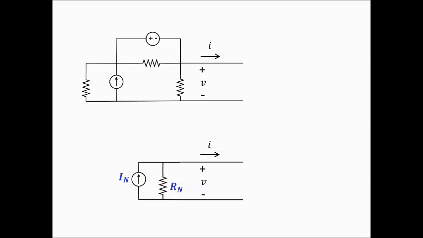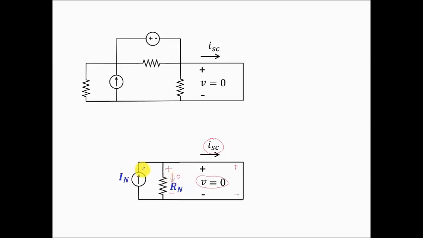I can also look at what happens if I attach a short circuit over there. So I make it a short circuit. In that case, I'll have a short circuit current here. Now, a property of a short circuit is that there is no voltage drop here, right? There's zero voltage drop here. So this V is equal to 0. So when there's zero voltage drop over my resistor, that means that there's zero current through my resistor.